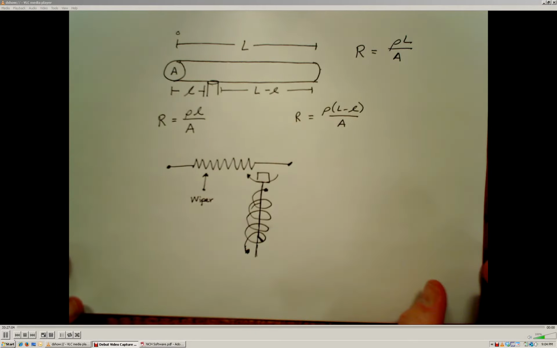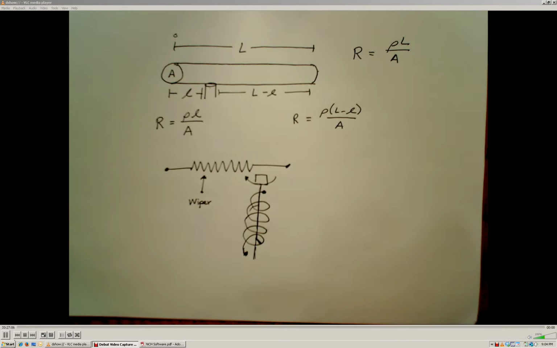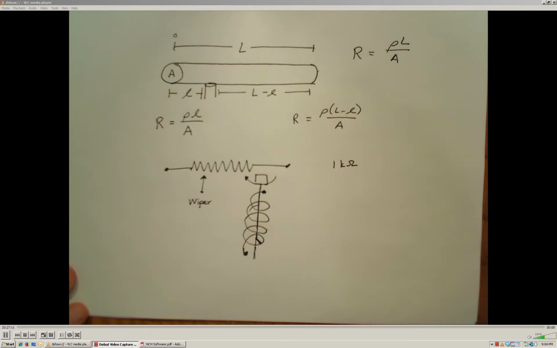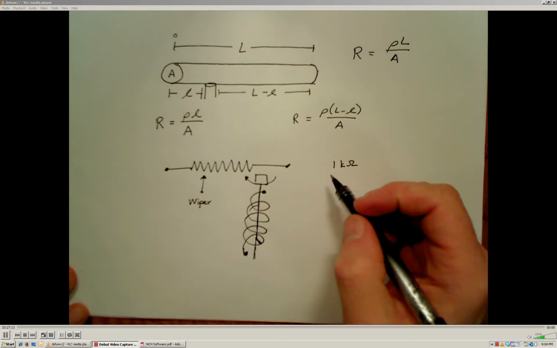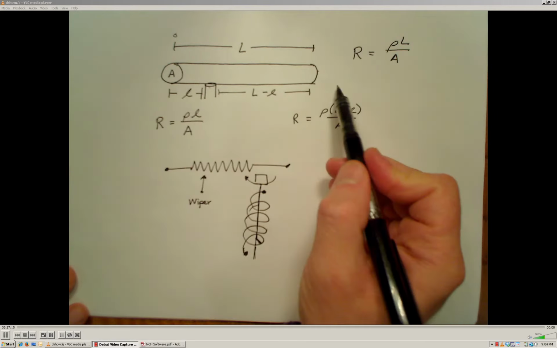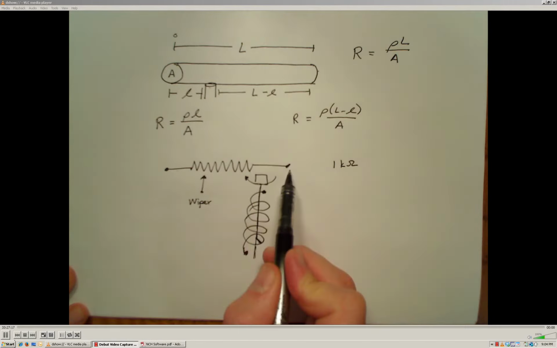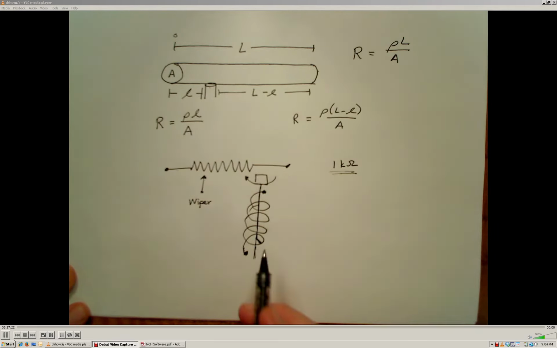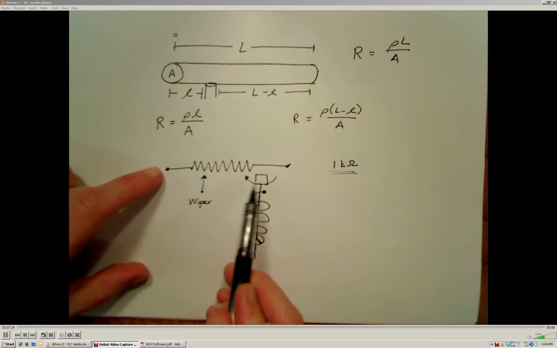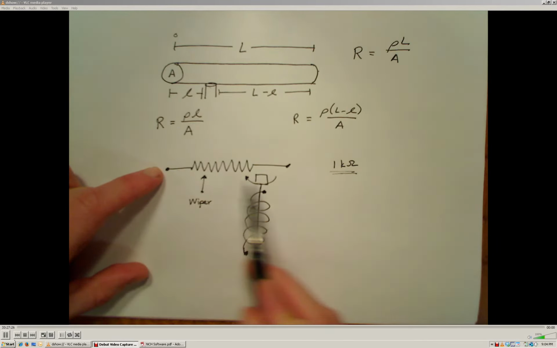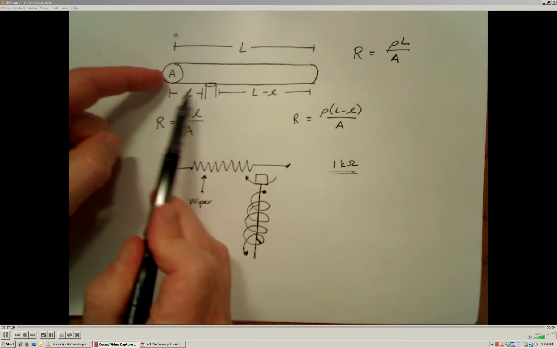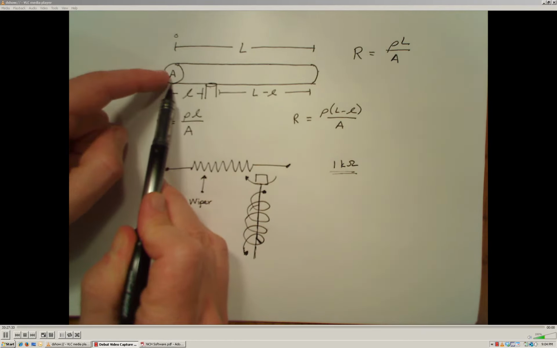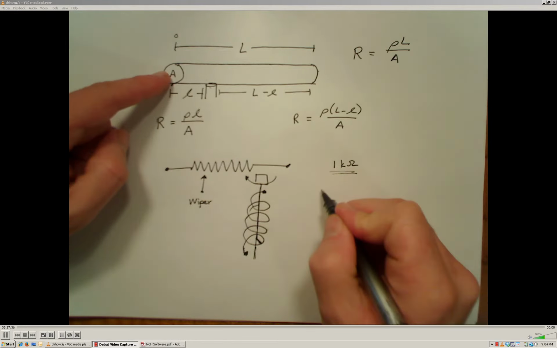We specify a potentiometer by the range of values. So if you specify, say, a 1 kilo ohm potentiometer, that means that the total resistance between the fixed ends of the resistive element is 1 kilo ohm. By varying the wiper position from one end to the other, if we get the wiper all the way on this side of the element, the resistance between this side and the wiper is going to be close to 0.